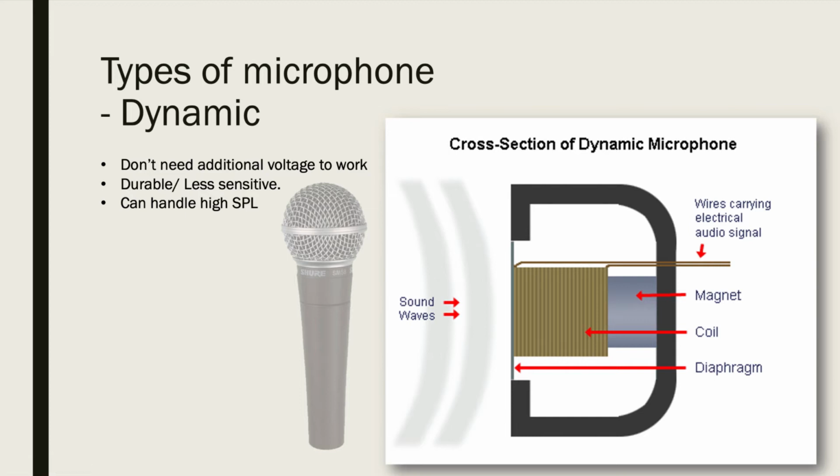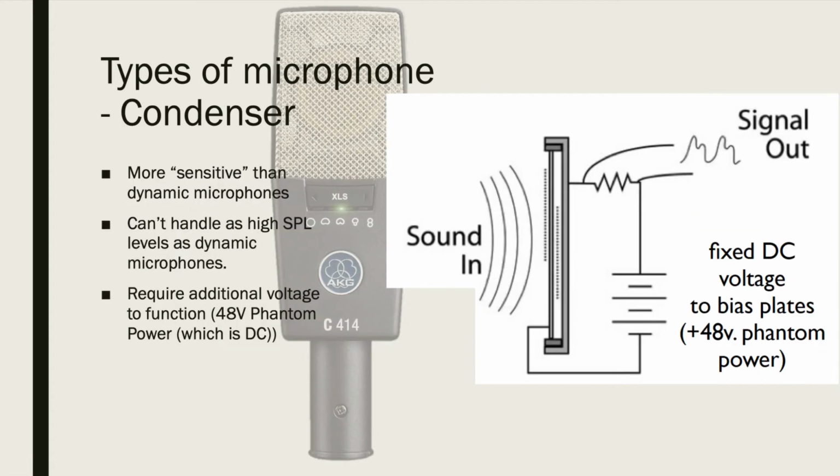Let's look at the next type of microphone, the condenser microphone. This example is your AKG C414. As far as microphones go, that is an absolute jack of all trades kind of microphone. It's great at pretty much whatever you want to put it against, but it's not the best at anything, I'd say.